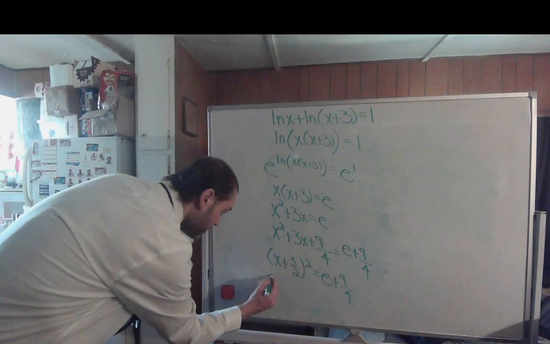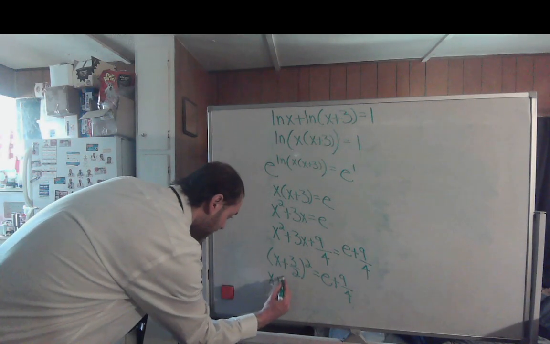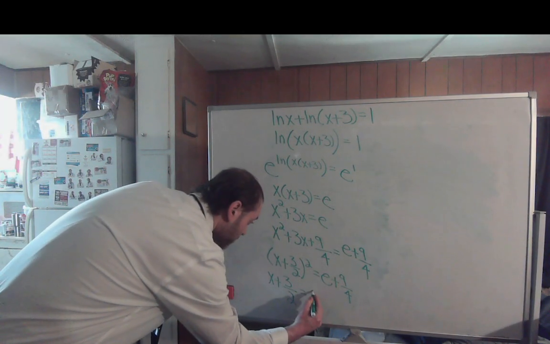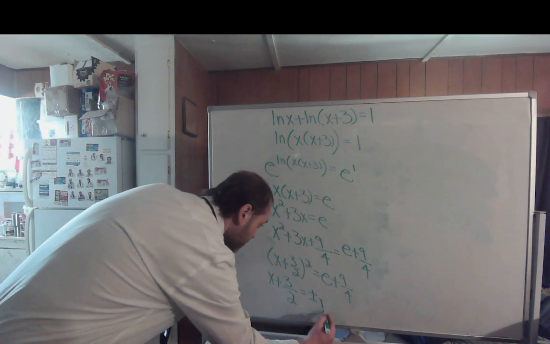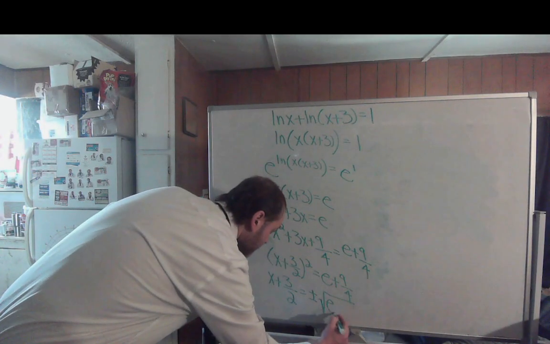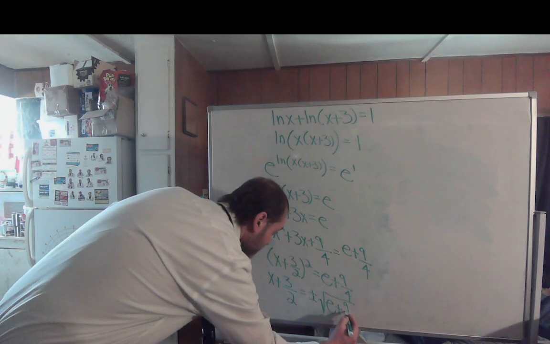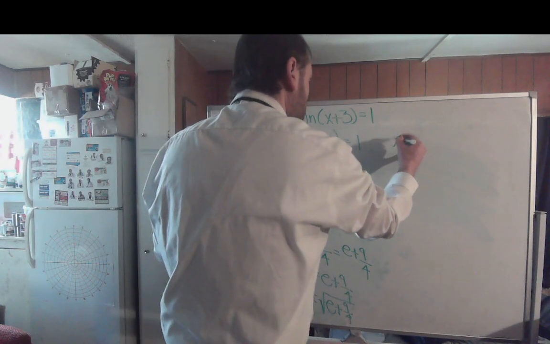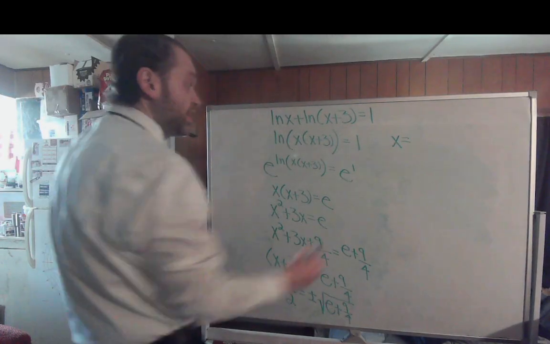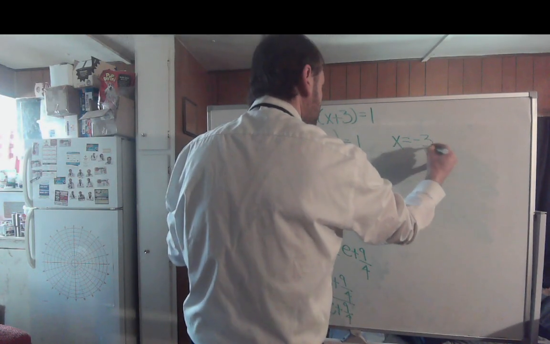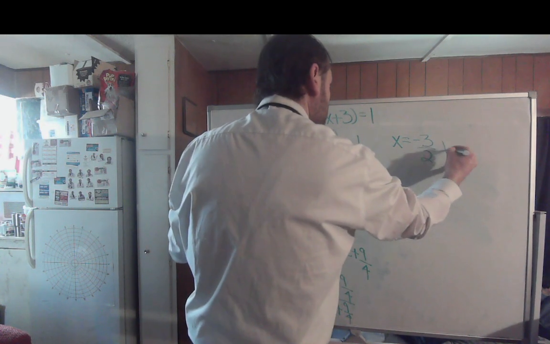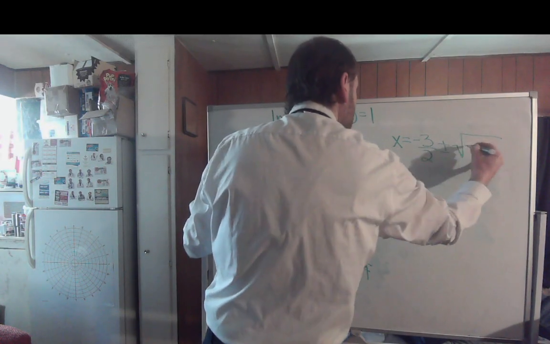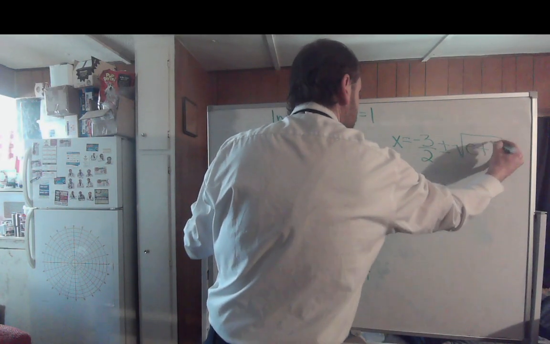So this would give you x plus 3/2 would equal both plus and minus the square root of e plus 9/4. So this is going to give you what looks like two solutions of x equals -3/2 plus and minus the square root of e plus 9/4.